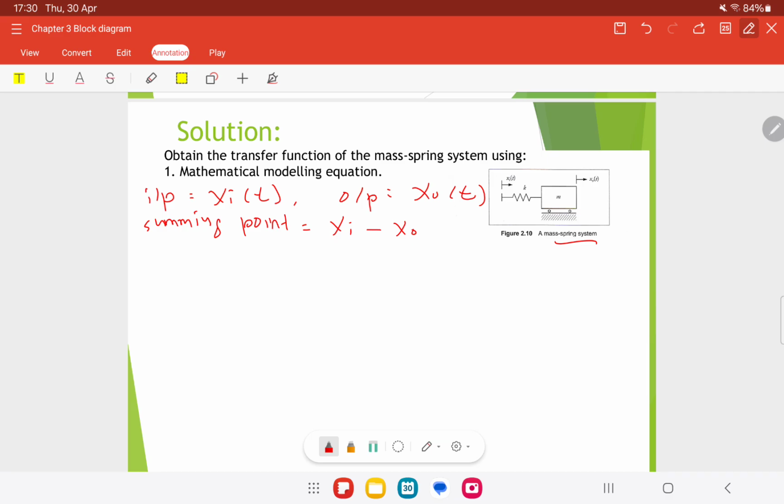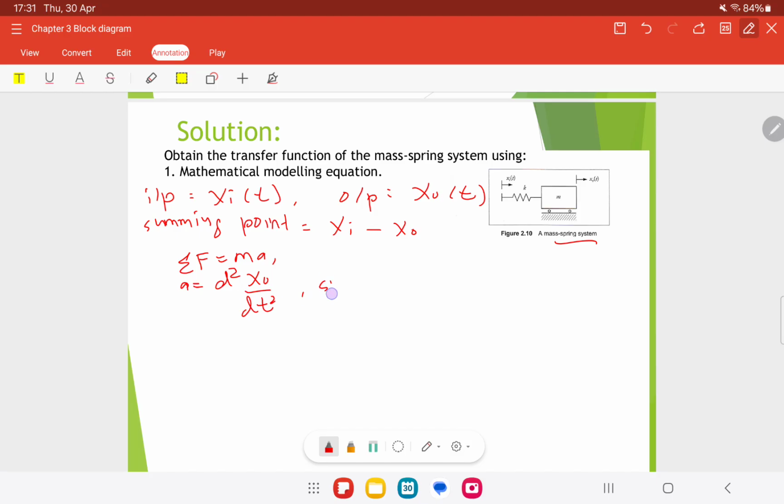And then we have the forward path, K multiplied with the M. For this mathematical modeling, we will use Newton's second law, the summation of F equals MA, and we know that A is equivalent to d square x naught over dt square, the second derivative.